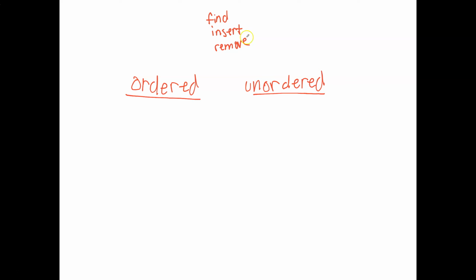But with an ordered dictionary, there are some additional operations supported, like find the closest key before some particular key, or the closest element whose key comes before some other key, or find everything in the range of, maybe, a lower bound of a key and an upper bound or right bound of a key.